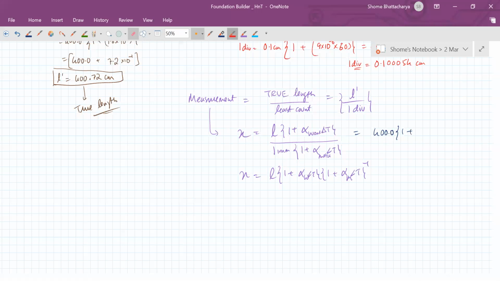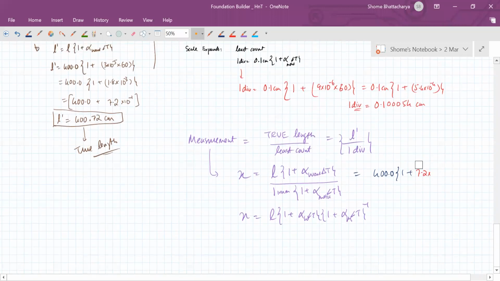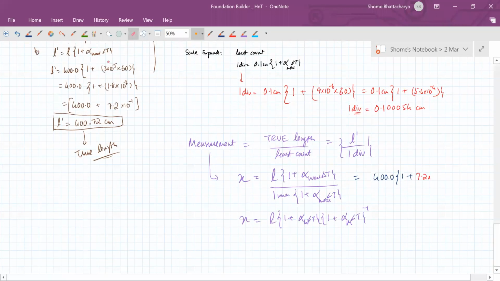So this factor you can see from here, it was becoming 1.8 into 10 raised power -3, this term. Okay, divided by, when we do this calculation, 1 millimeter into this term.